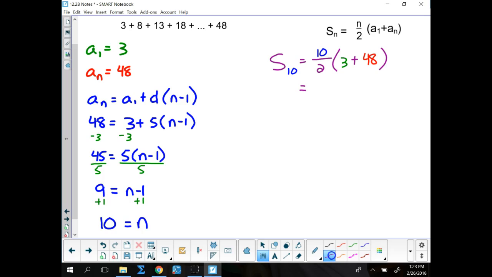Ten divided by 2 is 5. 5 times 3 plus 48 is 51. 5 times 51 is 255 is the sum of that series.